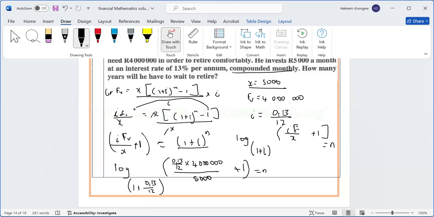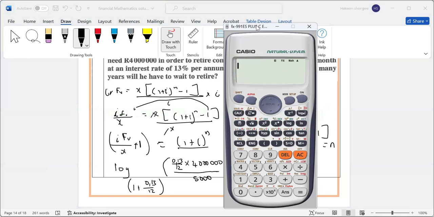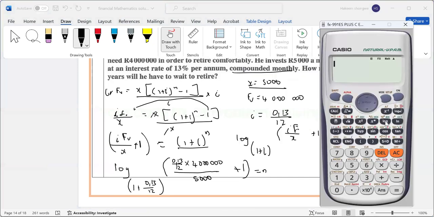Okay, let's do this then. How are you going to type it in your calculator? You say log. There are two logs, and you need to use the one which has a base. The base on the plain log button is base 10; if they don't say anything, the base is base 10.